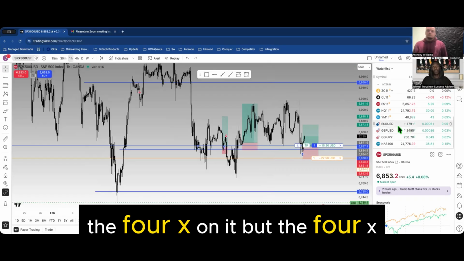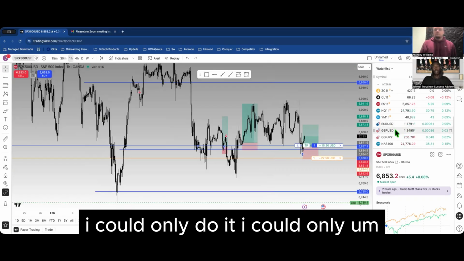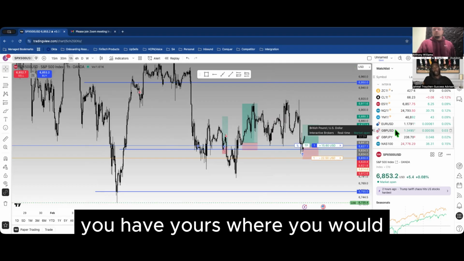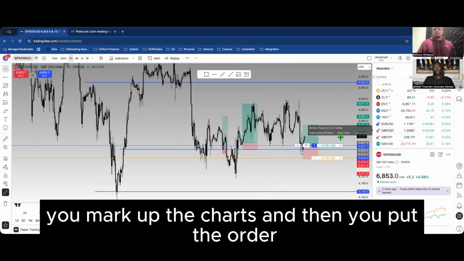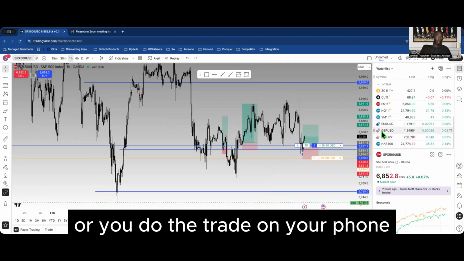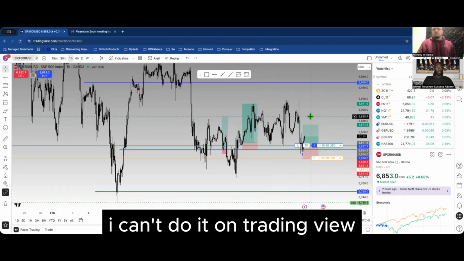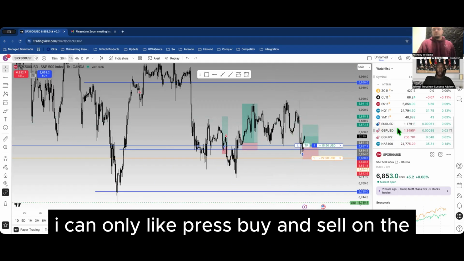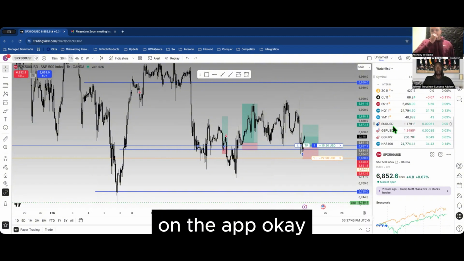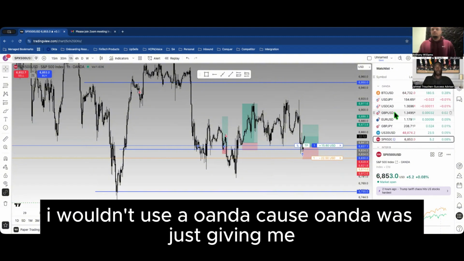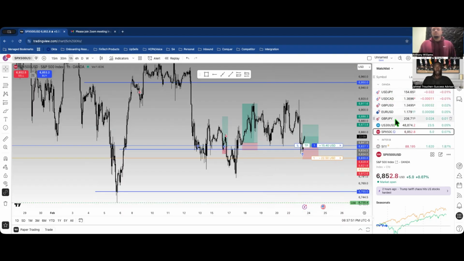But the forex I can only trade on my phone. The same way like you have yours where you only mark up the charts and then you do the trade on your phone. I can't do it on TradingView. I can only press buy and sell on the app. So I think I'm gonna just do that one instead, and I wouldn't use Oanda because Oanda would just give me forex only.